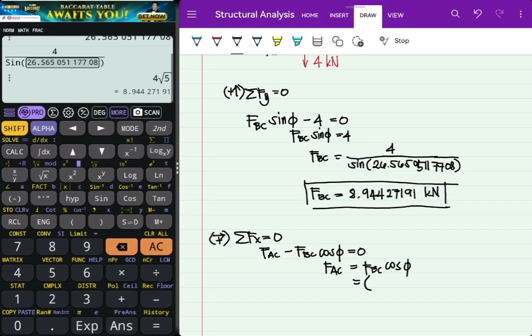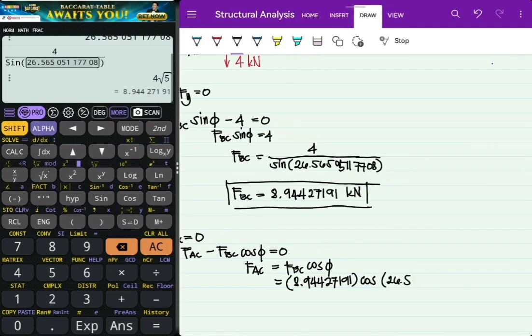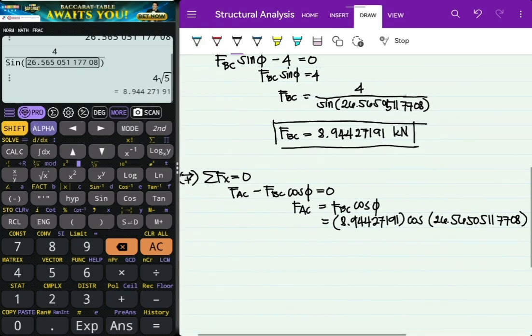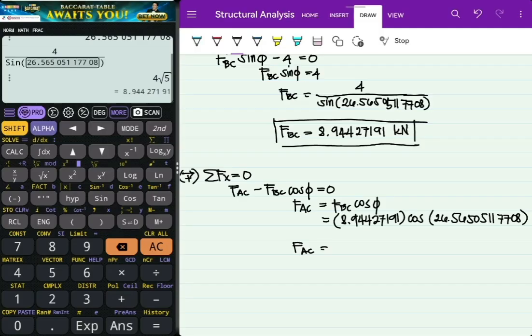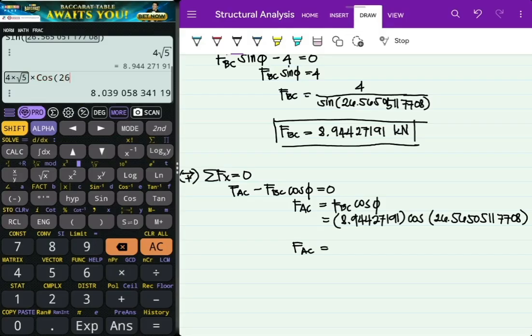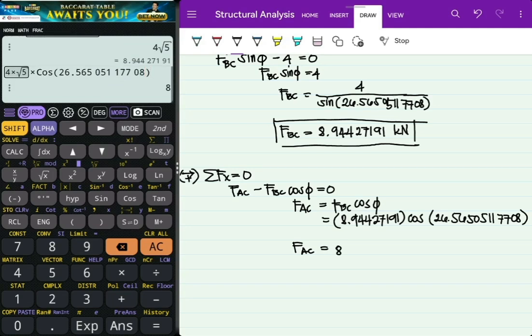Substitute the value, 8.9442791 times cosine of 26.56505117708, and the answer is 8 kilonewtons. Box your final answer.